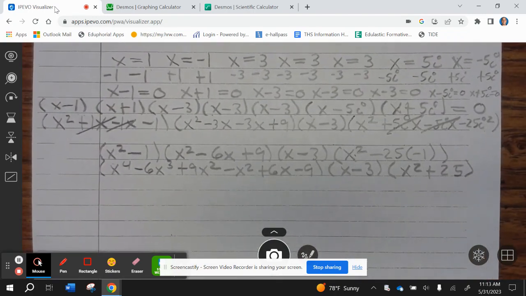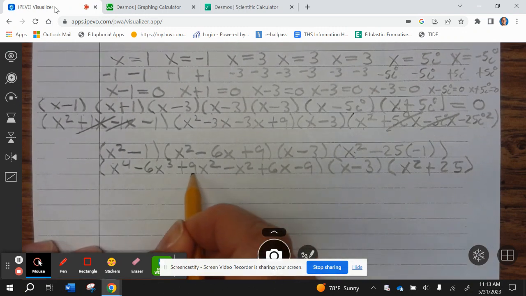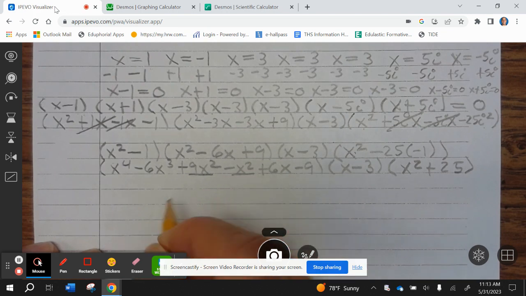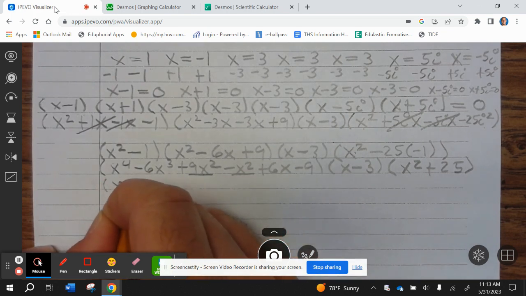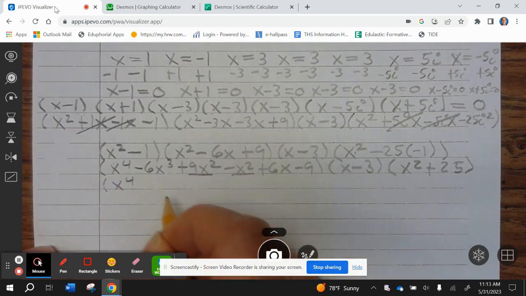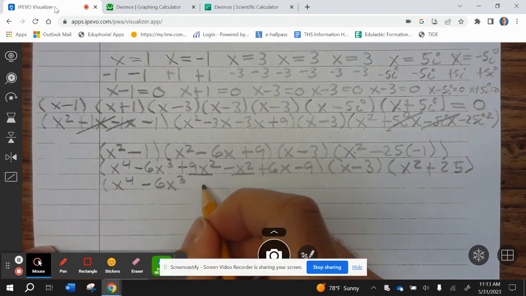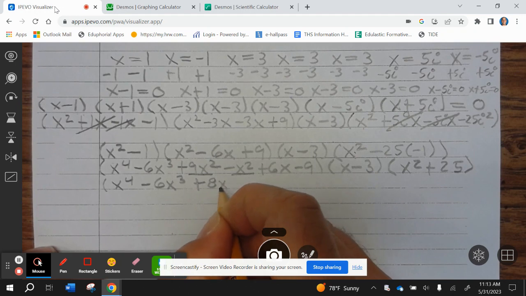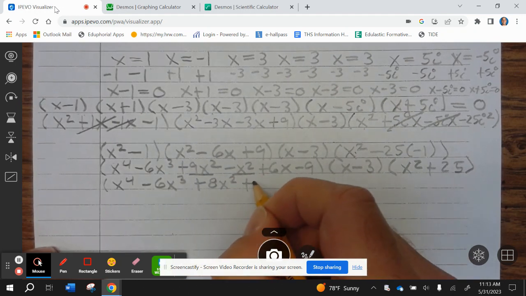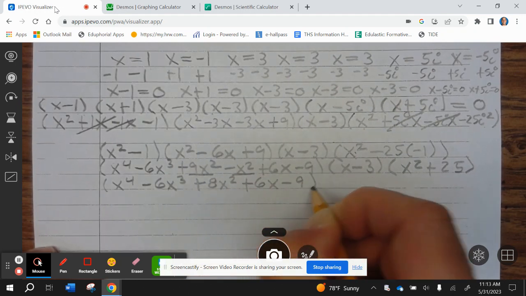Okay. Now let's go ahead and combine terms here. So then that becomes x to the 4th minus 6x cubed plus 8x squared plus 6x minus 9.